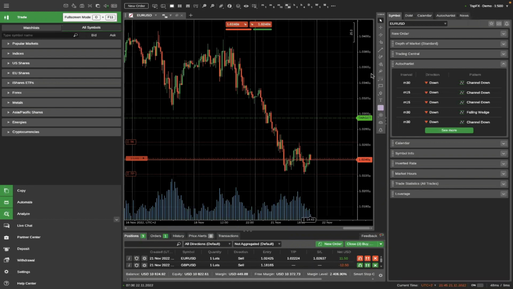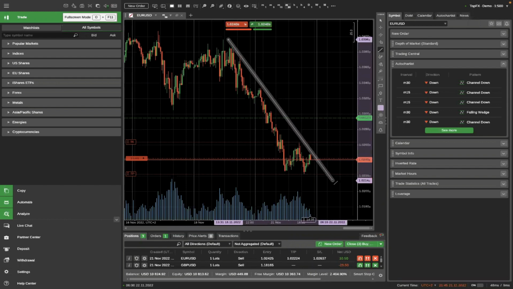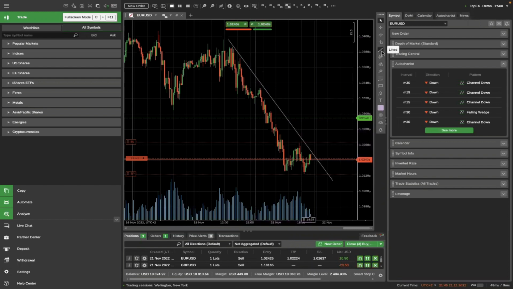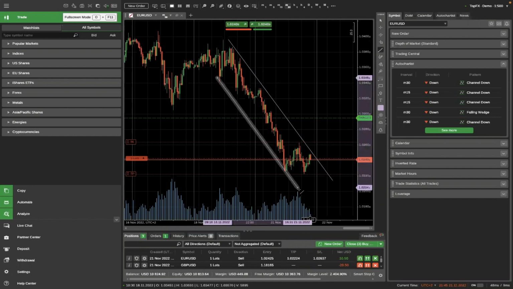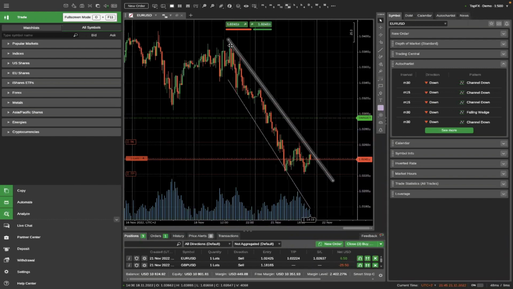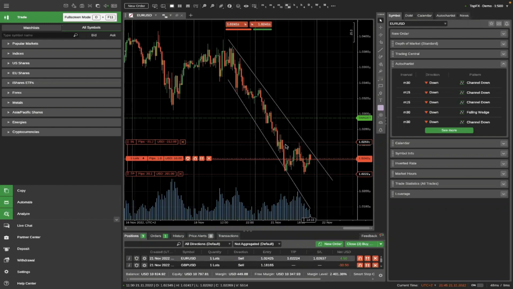Basically, you take the trend line tool, and that's the first trend line, and that's the second trend line. Let's say that this is something like this. It's not quite a parallel channel. However, it's visible straight away that this channel is to the downside, almost parallel.